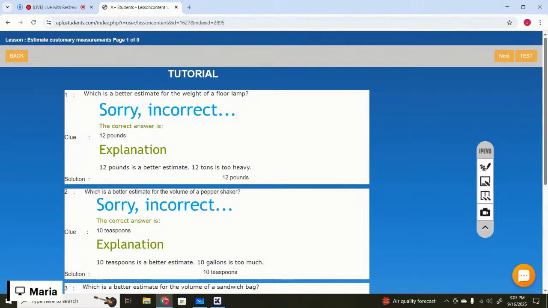Which is a better estimate for the weight of a floor lamp? 12 pounds. 12 pounds is a better estimate. 12 tons is too heavy.